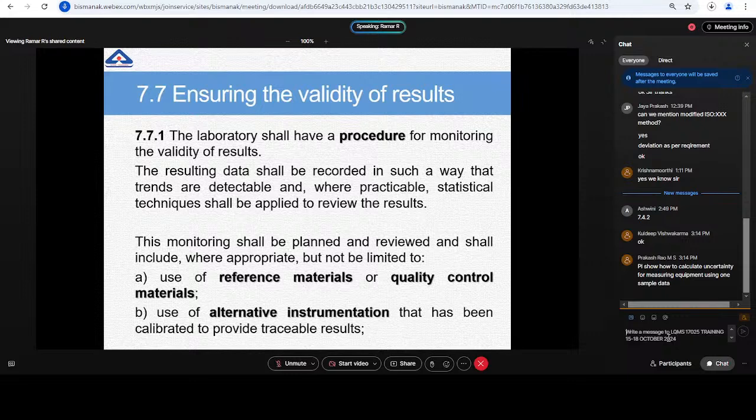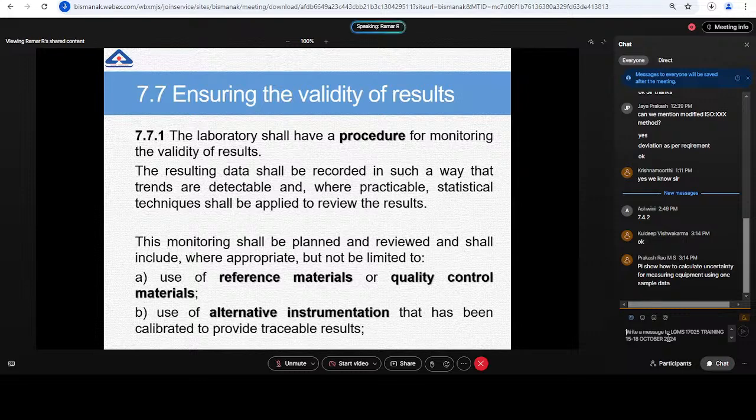So the standard describes various controls, by which you understand whether your results are okay or not. That is addressed under clause 7.7, ensuring the validity of test results or calibration results. In this there are two subclauses.